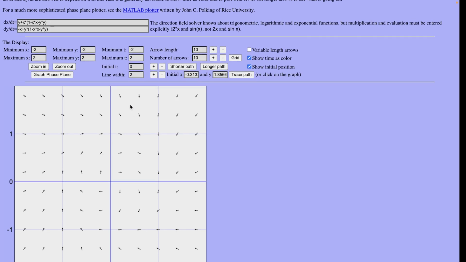In this phase portrait, if we draw a curve, this path, suppose this point is t0.